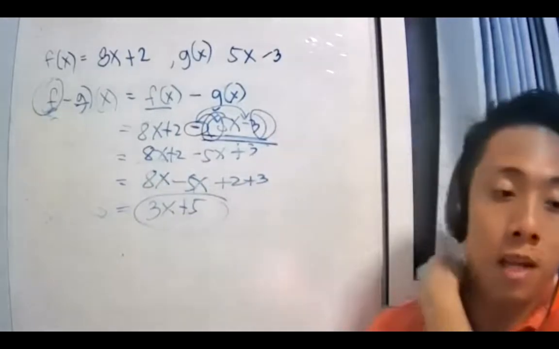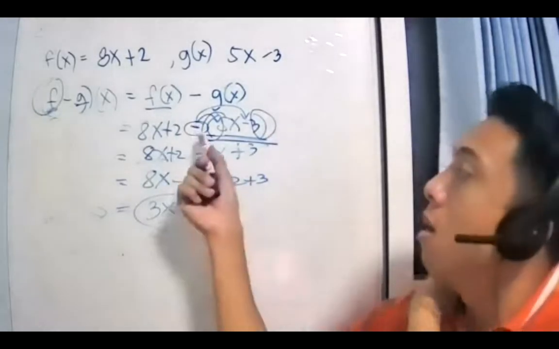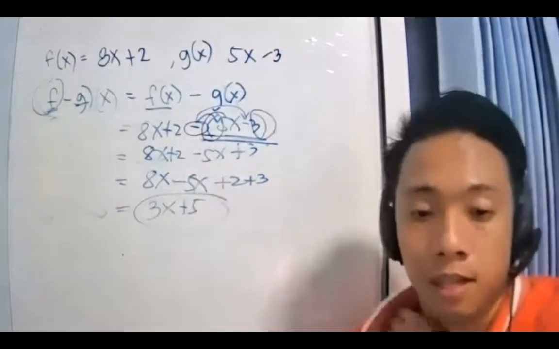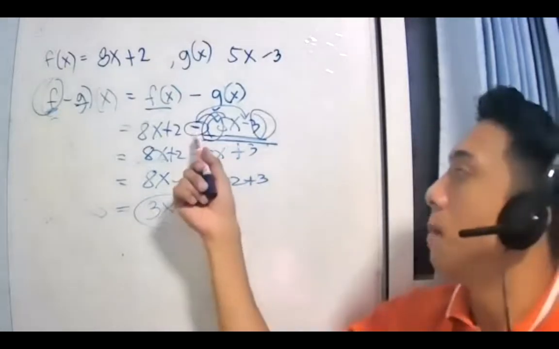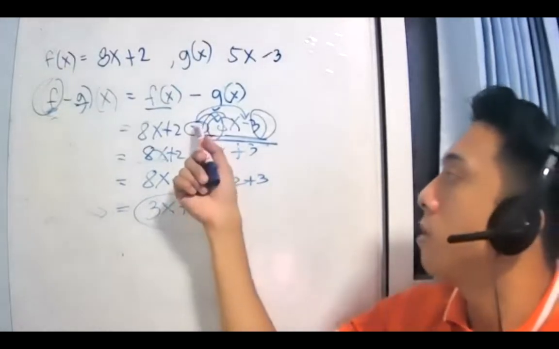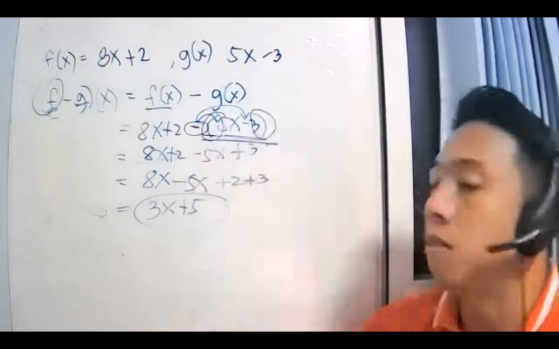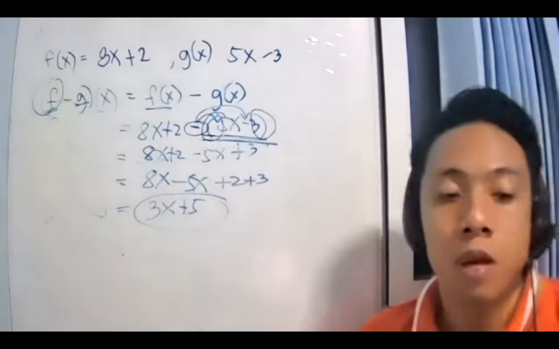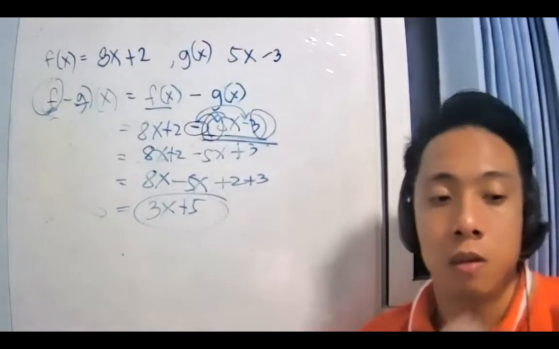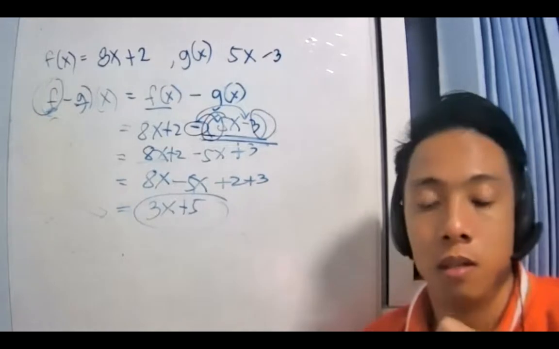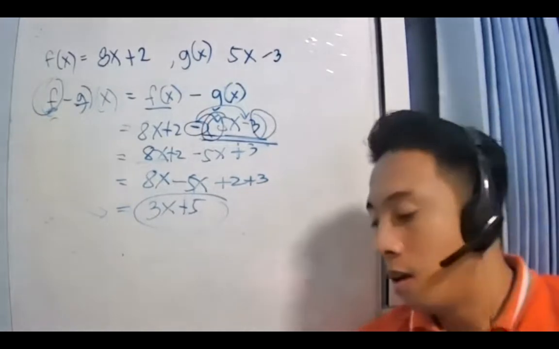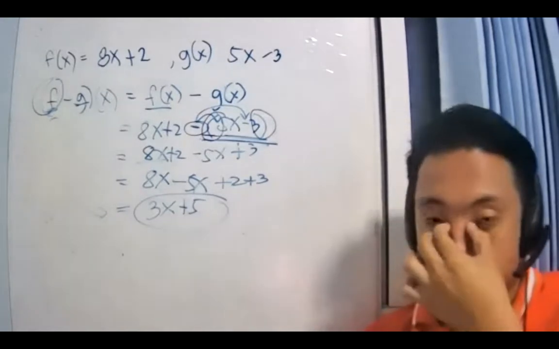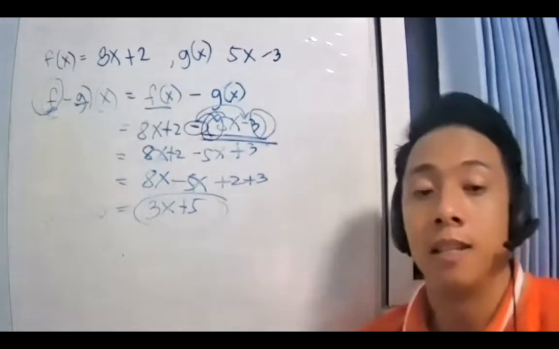Kapag hindi mo siya ma-distribute agad dito, mali na lahat yan. So you need to multiply this sign first to the signs of that equation inside. Okay, I will give you time to take a screenshot. 10 seconds. 1, 2, 3, 4, 5, 6, 7, 8, 9, 10.